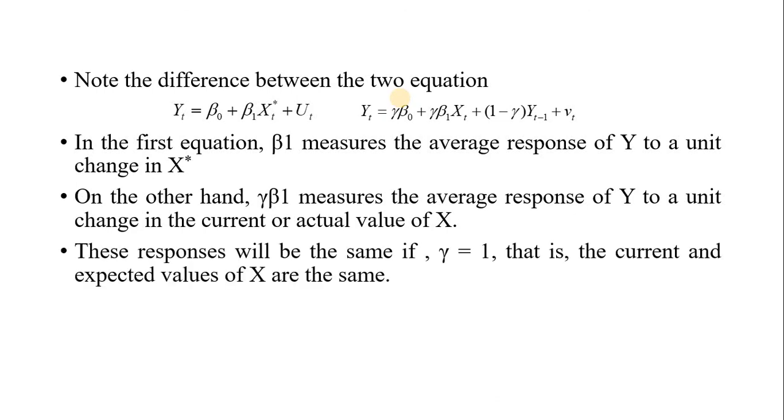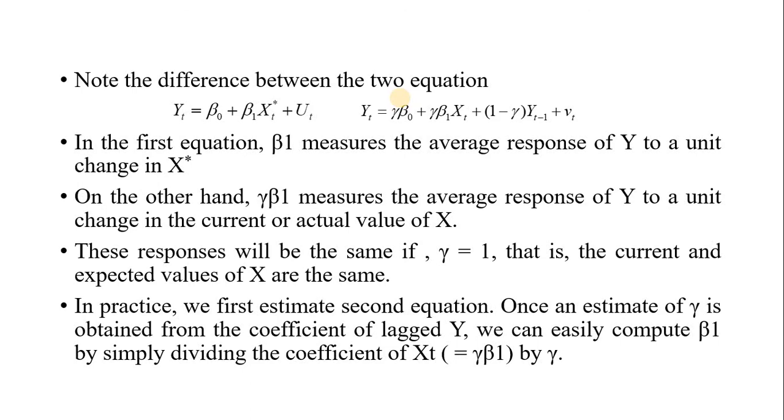Now in practice we cannot estimate the first equation, but once we estimate the second equation, we can easily compute beta 1 by simply dividing the coefficient of xt by gamma. Look at the first equation.